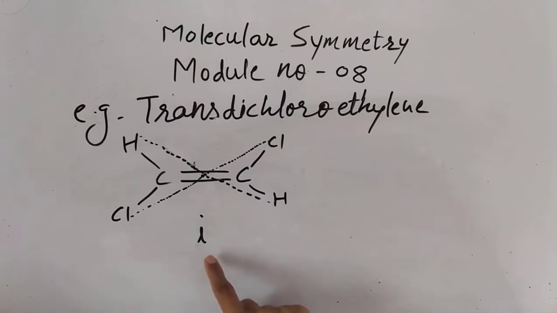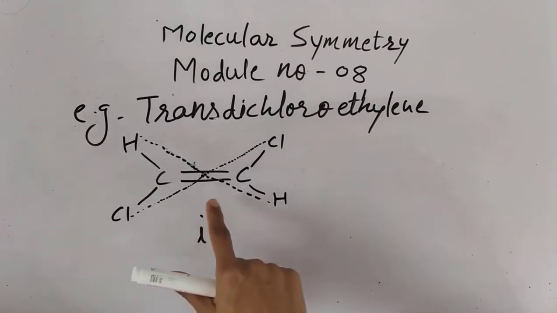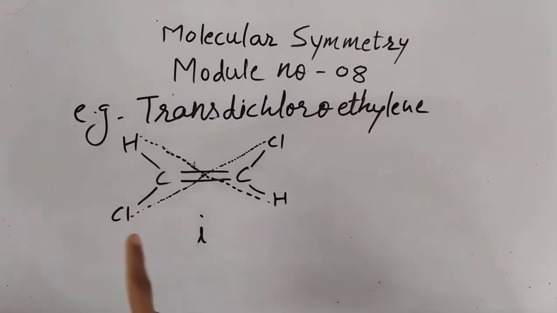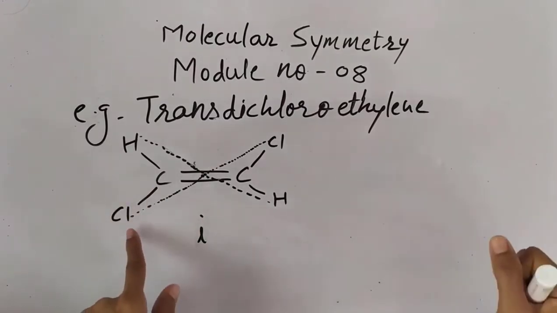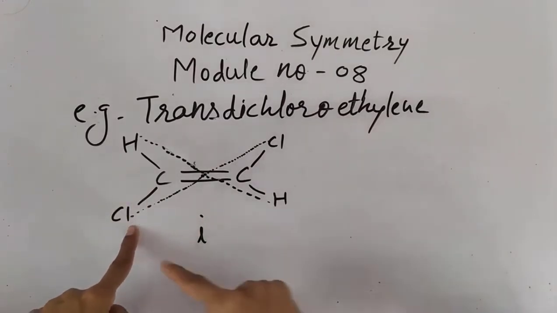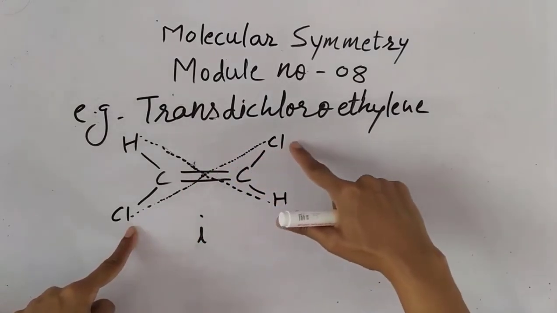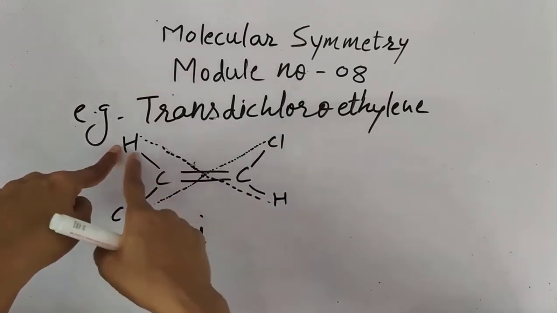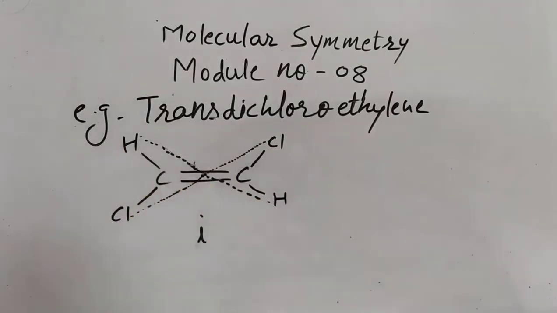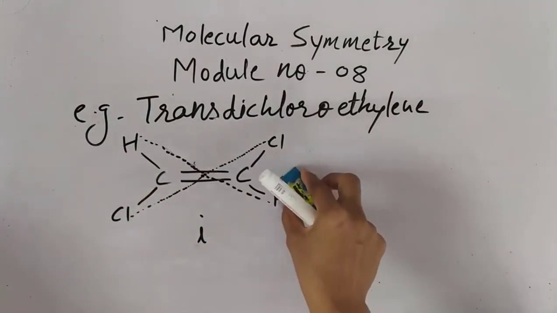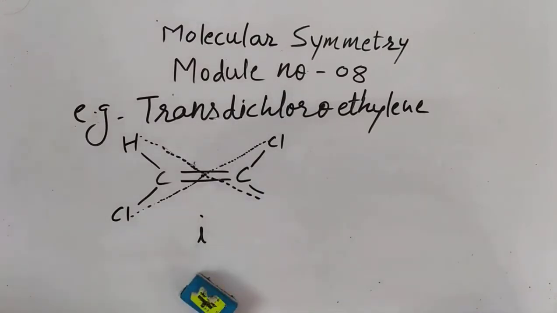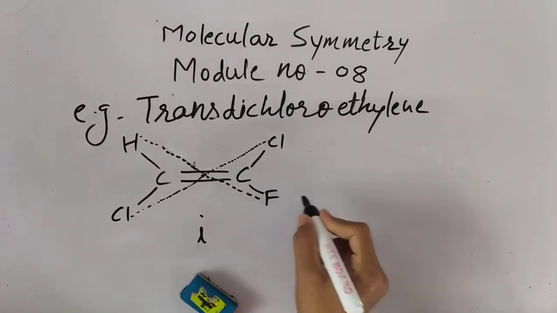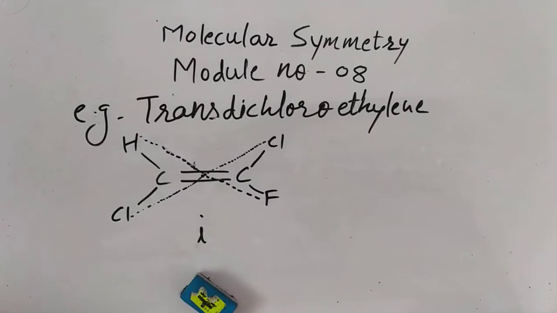But what's the condition? This should happen with all the atoms in a molecule. Suppose you are choosing this atom, then the same atom you should have on the other side, and whatever atom you have here, the same should be present here. Suppose instead of hydrogen here, I am having a fluorine atom.